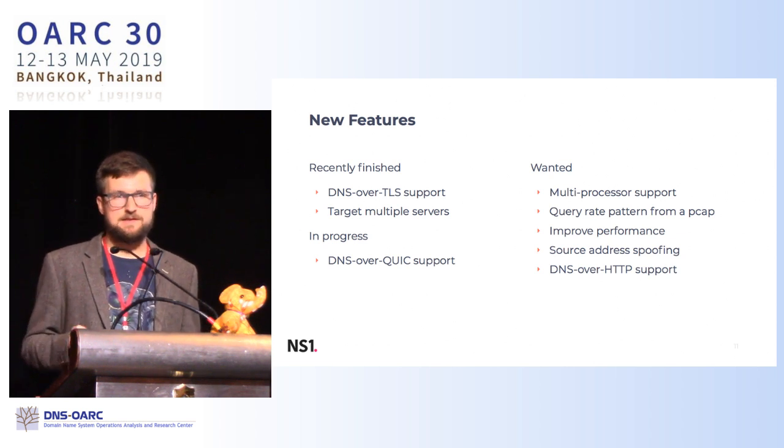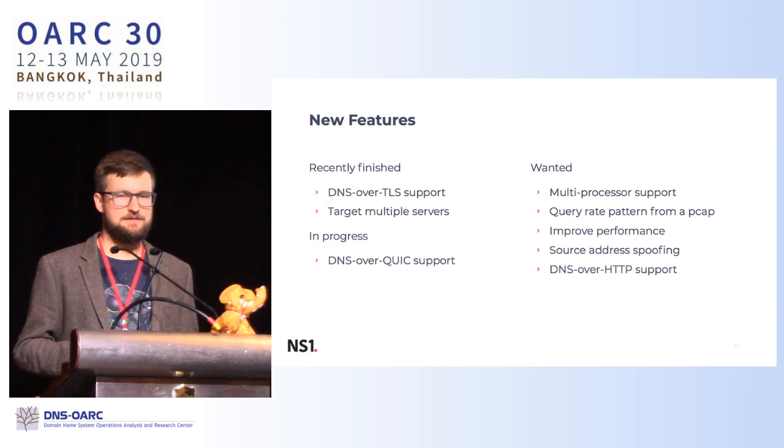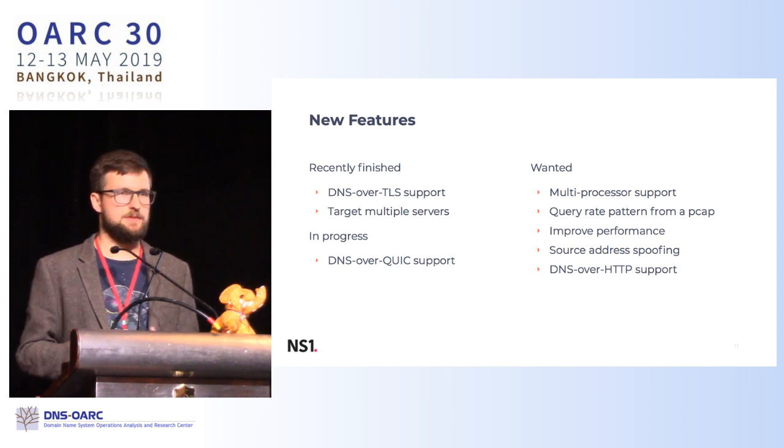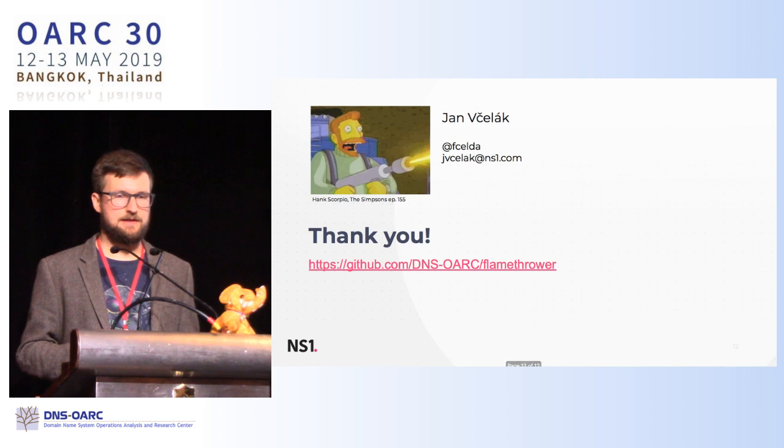The performance is fine for our use case. We actually focus more on the features rather than the performance, because there are some other tools that focus on performance primarily. But we might want to improve that. We are thinking about source address spoofing and, of course, DNS over HTTP support, but that's really low on the list. And I think that's it.